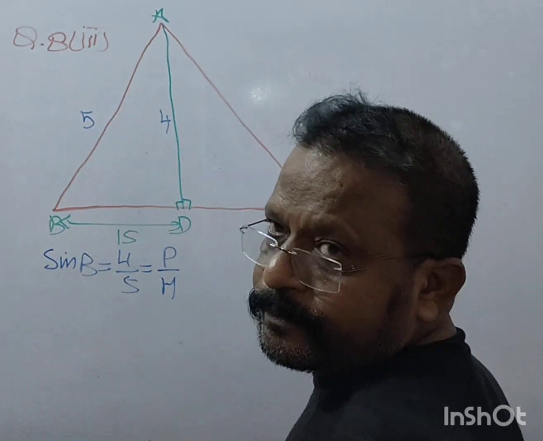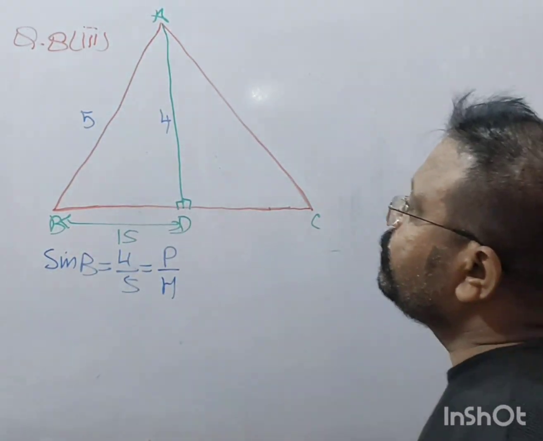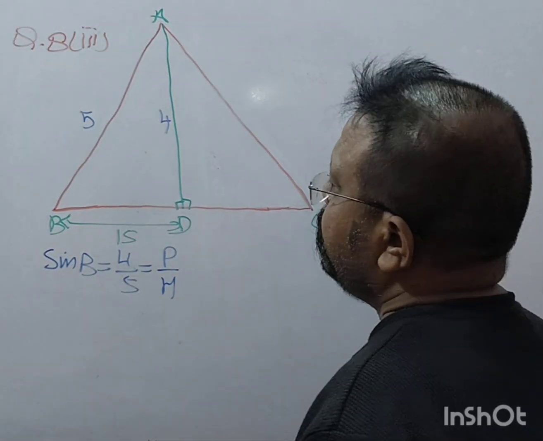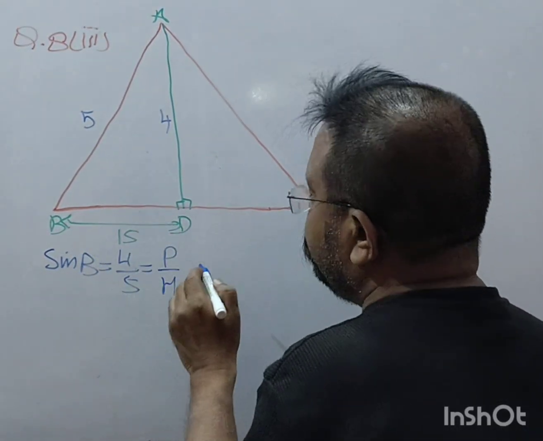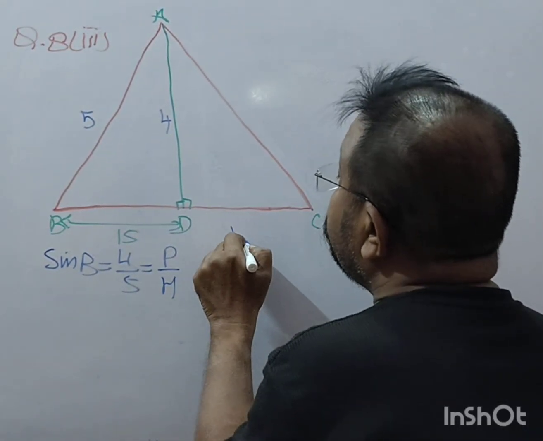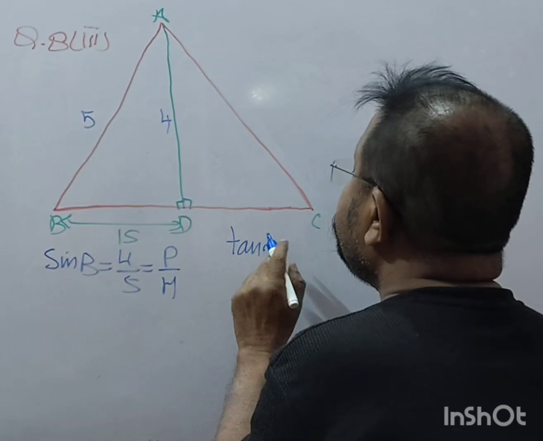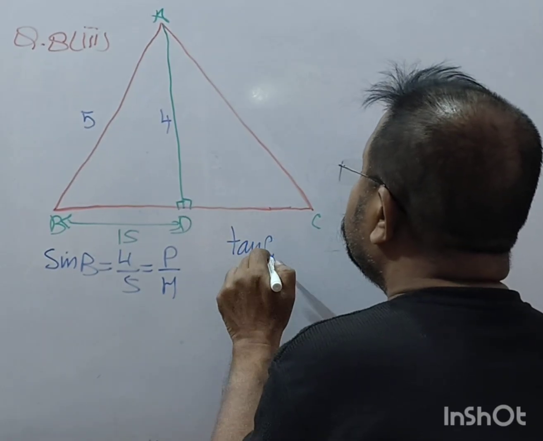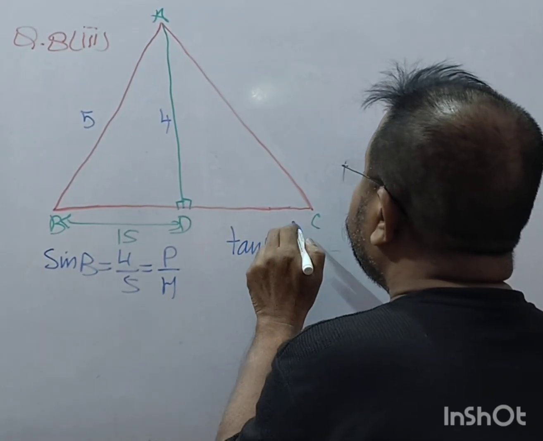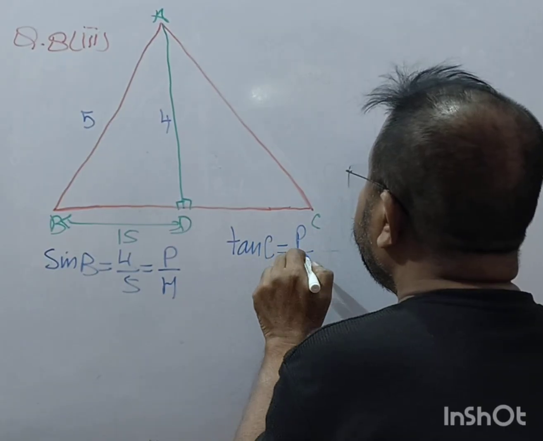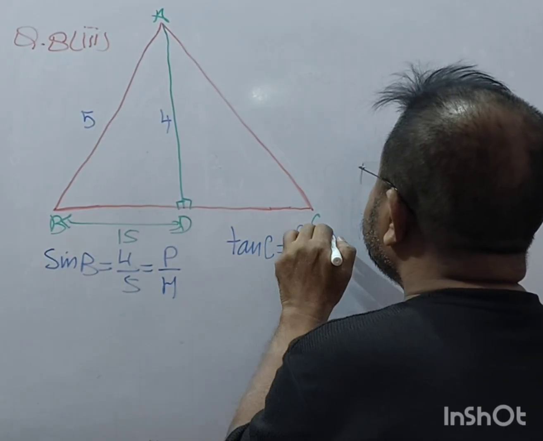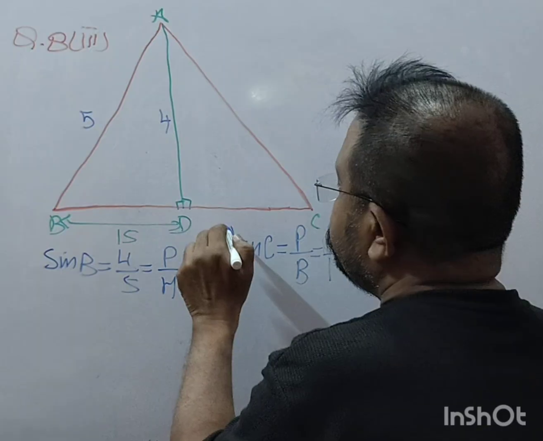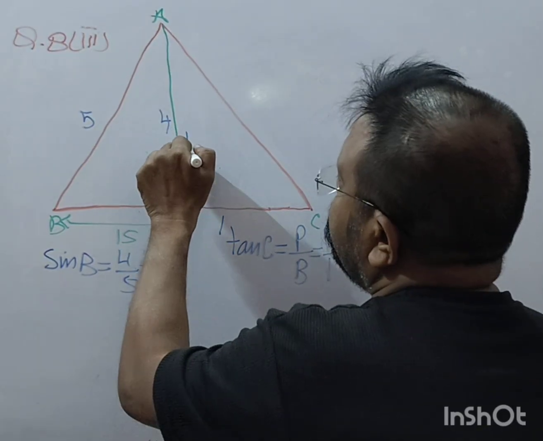This is ratio. Right? Yes, sir. And tan C is equal to 1. Tan C is perpendicular upon base. It means 1 upon 1. This is 1, this is 1.